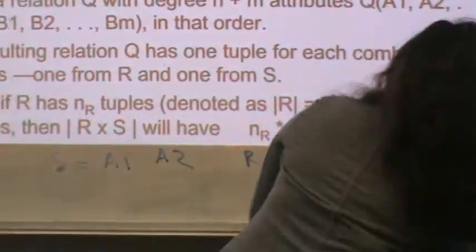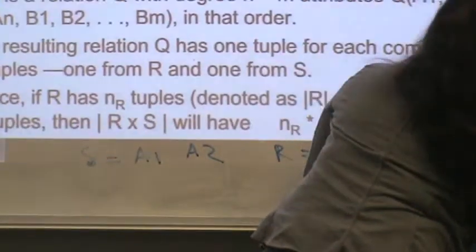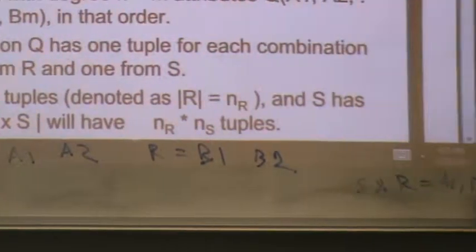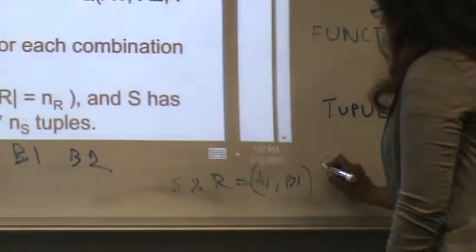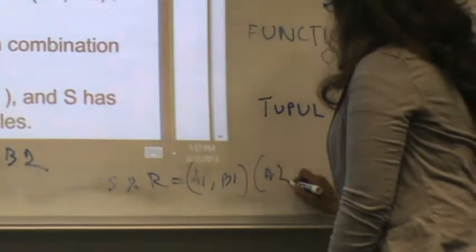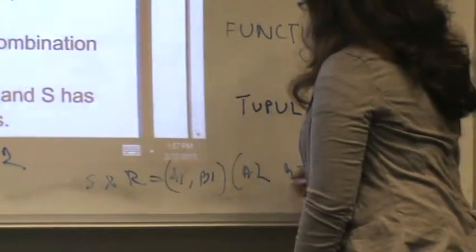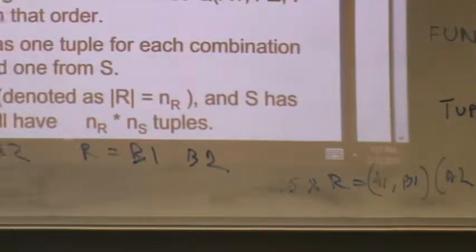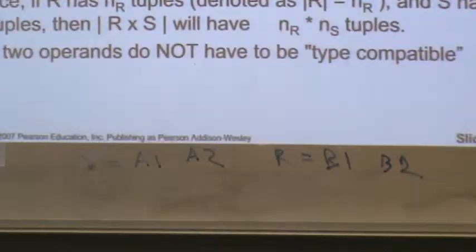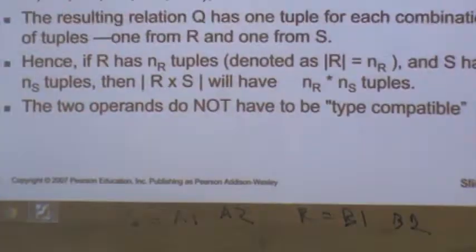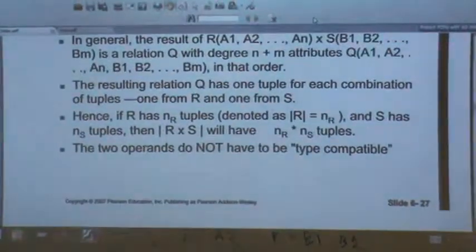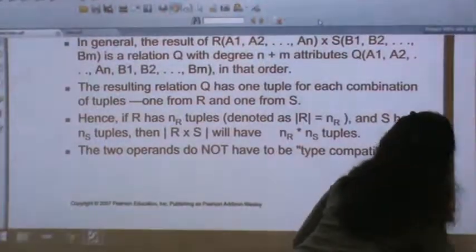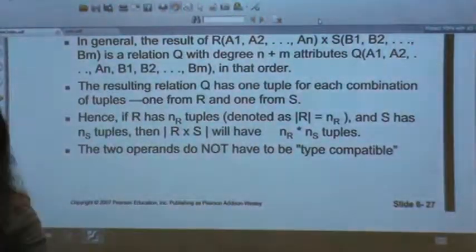Then s and r: a1, b1, a2, b2, and so on. So it's just a normal cross product. We are dealing with data, so no minus value will come.